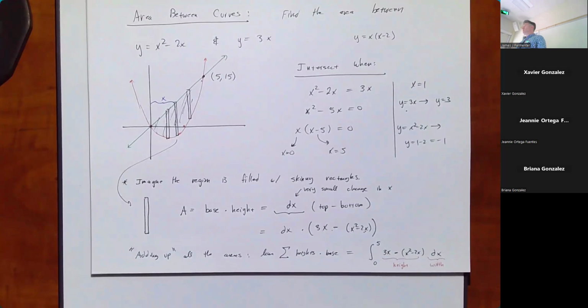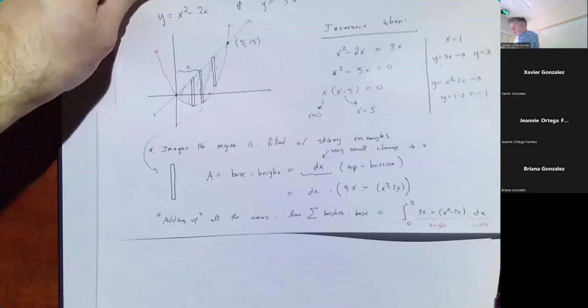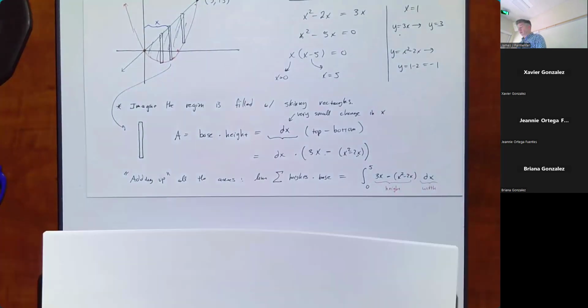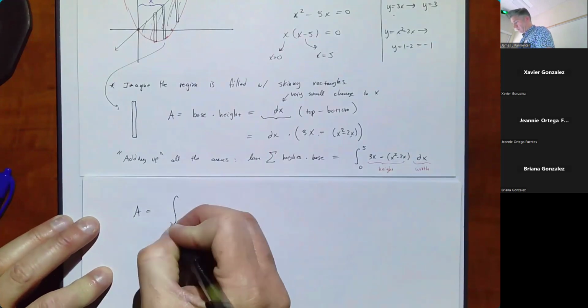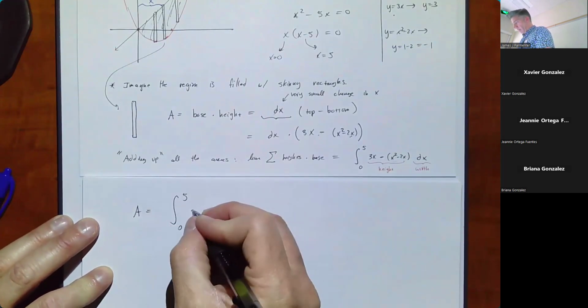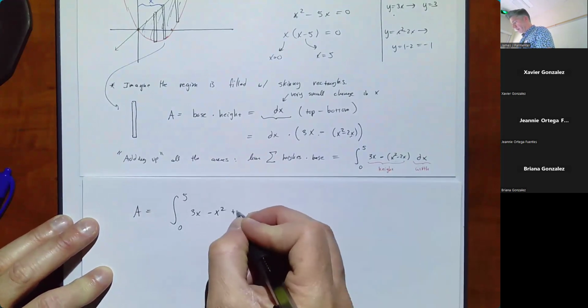So now we can actually find the area by using the second part of the fundamental theorem of calculus. So the area is going to be the integral from 0 to 5 of 3x, and I'm going to distribute the minus sign here and get minus x squared plus 2x.